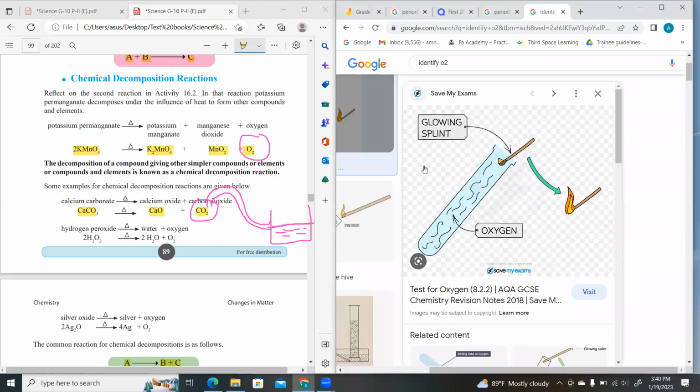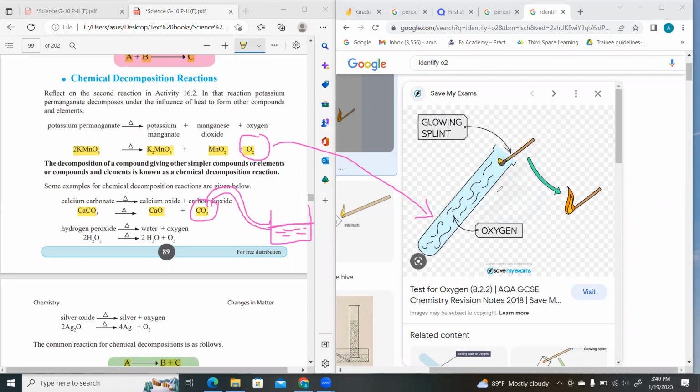So what you can do is take a glowing splint. Now let's say this is the test tube in which you stored oxygen in the previous practical, I mean the previous apparatus which we learned. Take that test tube and bring the glowing splint closer. Then you will see the glowing splint burning very well inside. It will give you a good flame if it is oxygen gas.